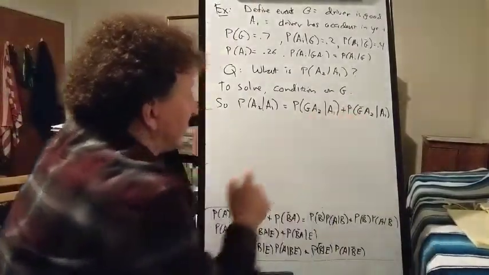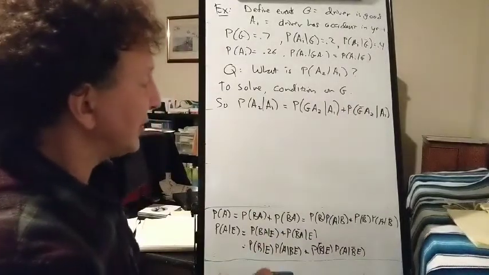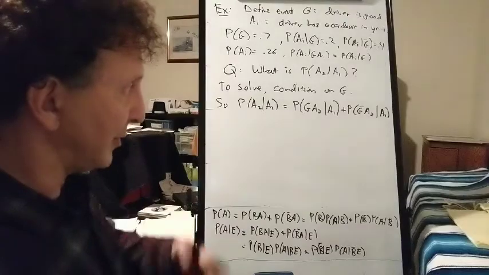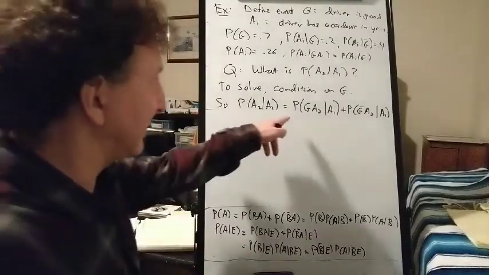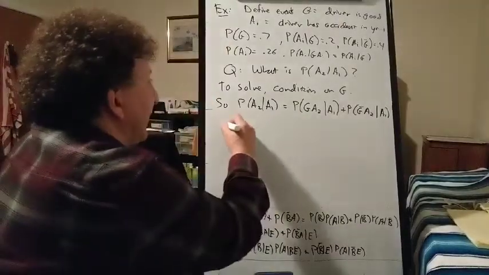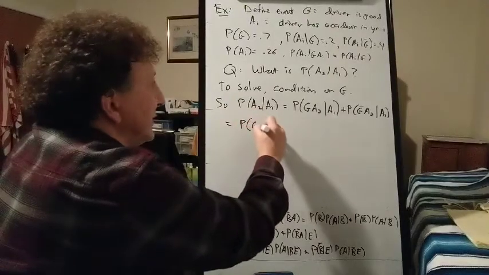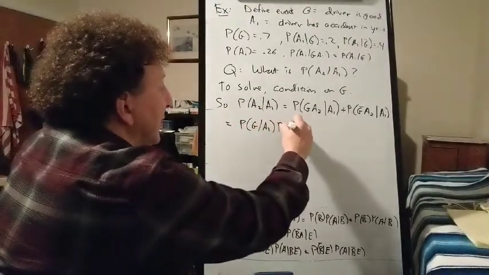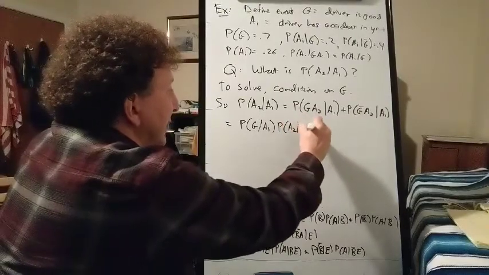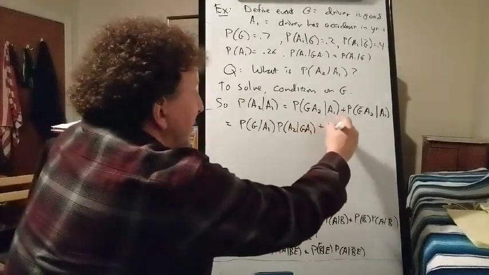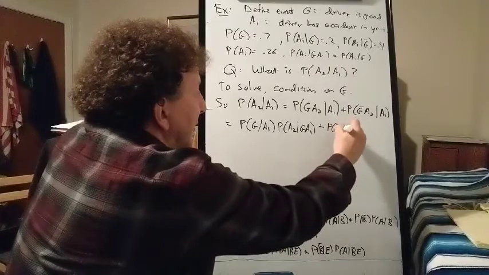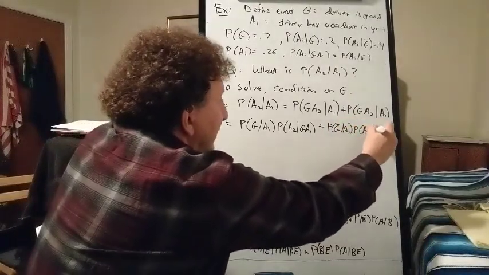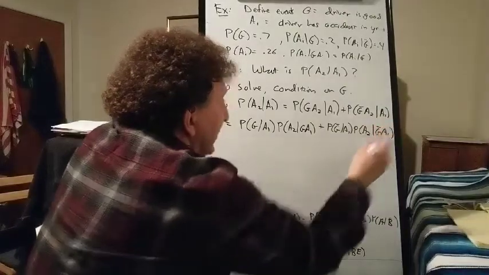All right, now we can take these expressions and use the multiplication rule, the version for conditional probabilities, to break these up as probability of G given A1 times probability of A2 given G and A1, plus probability of G bar given A1 times probability of A2 given G bar and A1.